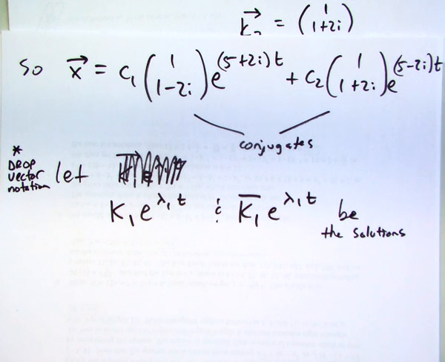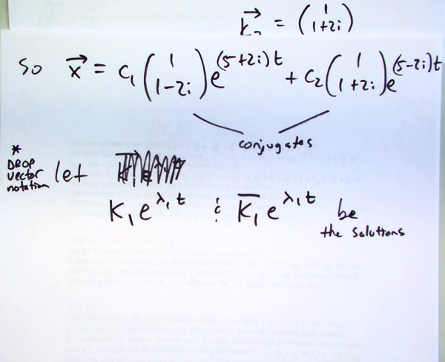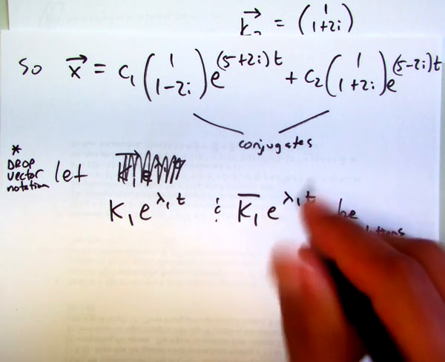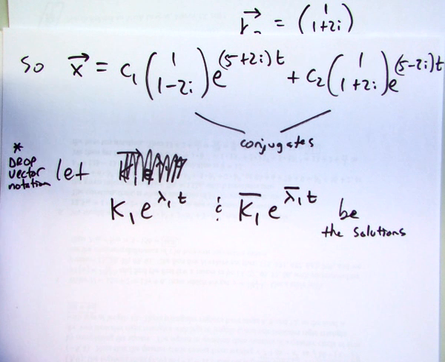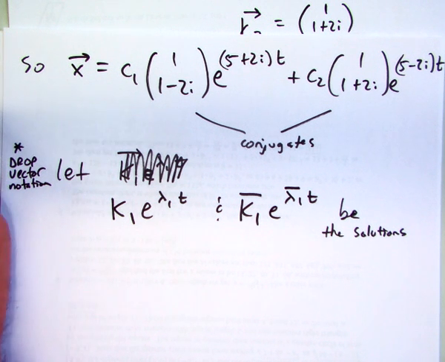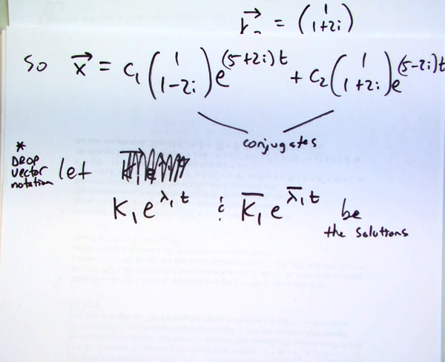I mean, we could. Oh, you know what? We probably should, because otherwise I would have called it lambda 2. You are right. Good catch. Okay. So let these be the solutions.